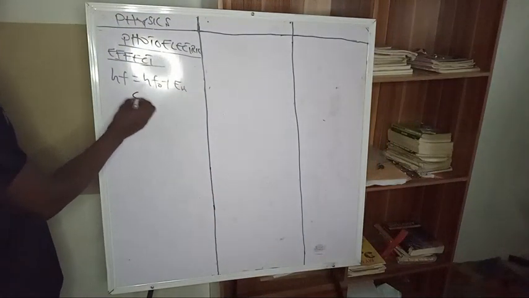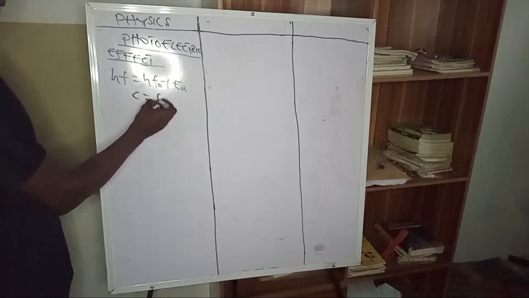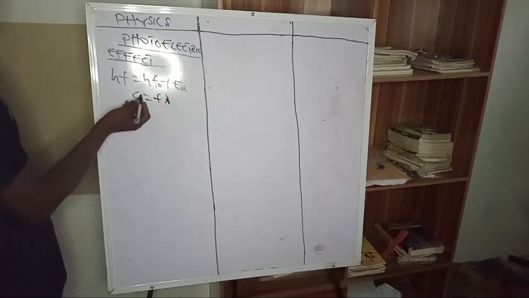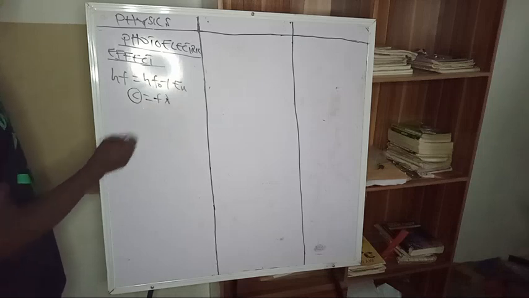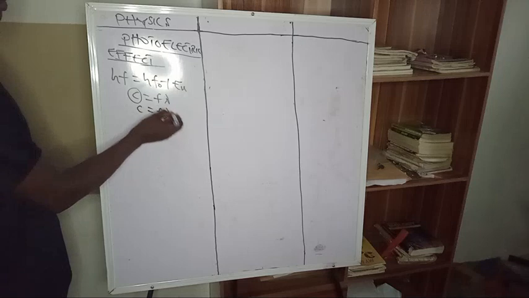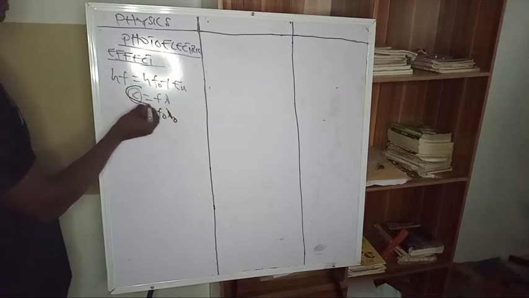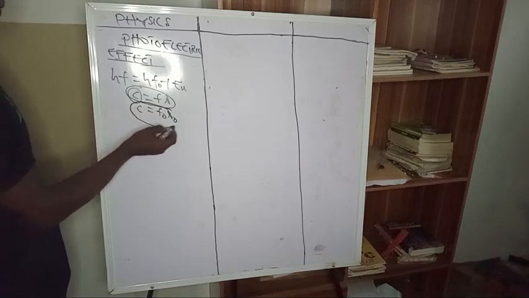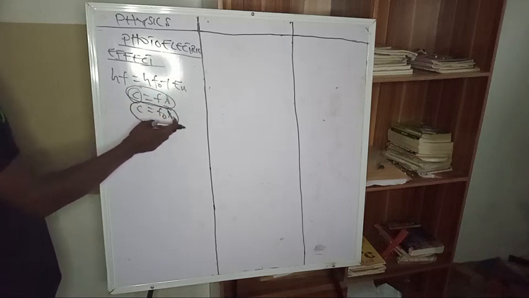I told you that c = fλ. This c is the speed of light, f is the frequency of the wave, multiplied by the wavelength. And c is also equal to f₀λ₀. The first is in terms of the speed, the frequency and the wavelength, while the second is in terms of the speed, the threshold frequency and the threshold wavelength.